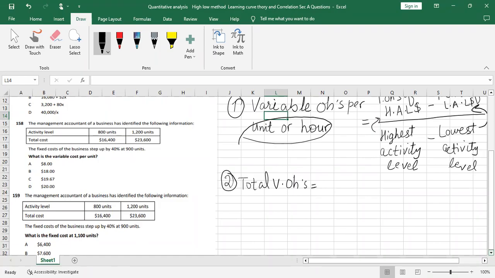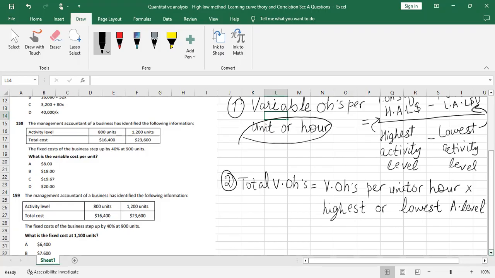Now to calculate total variable overheads, you will multiply the variable overheads per unit, which you determined in step number one, or variable overheads per hour, the same one which you determined in step number one, with the highest or lowest activity level. You will multiply it with what? You will multiply it with either the highest activity level or the lowest activity level.